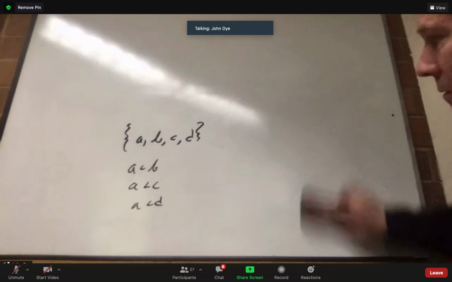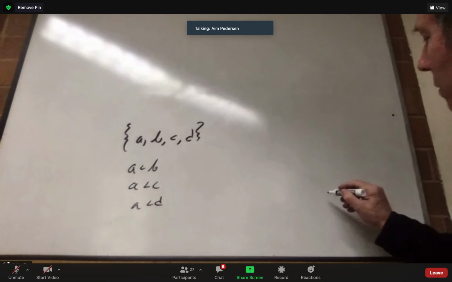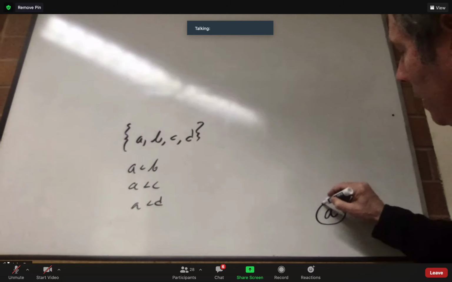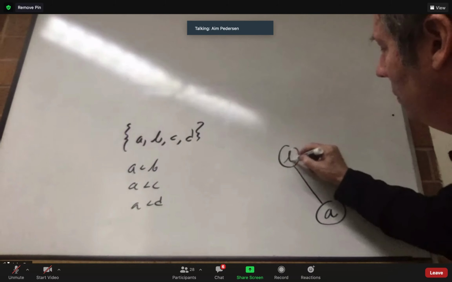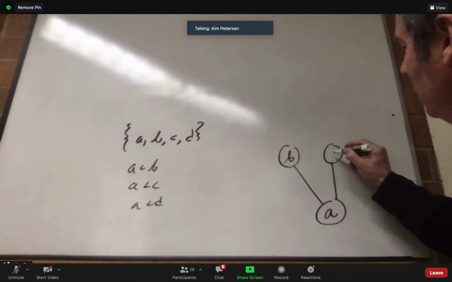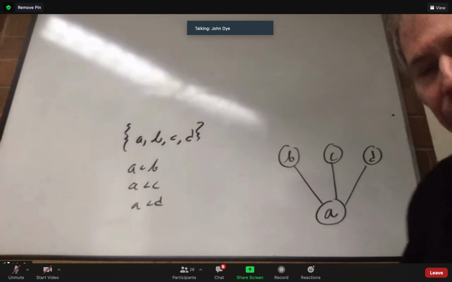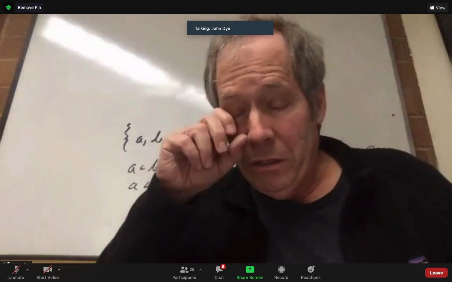So what would it look like? You'd have A on the bottom, and then 3 lines above it going to B, C, and D, but they don't connect, or you can't tell which one's higher or lower than the other. Exactly. Very good. Thank you very much.